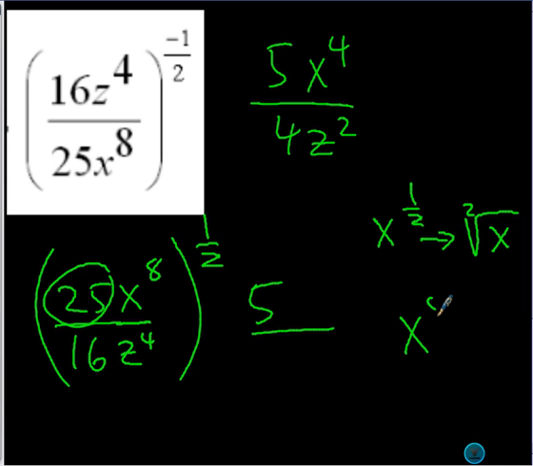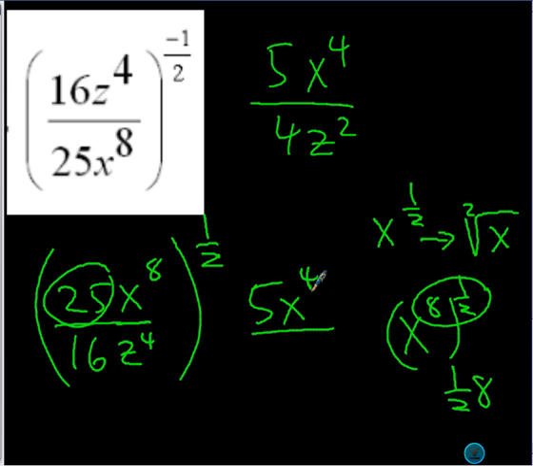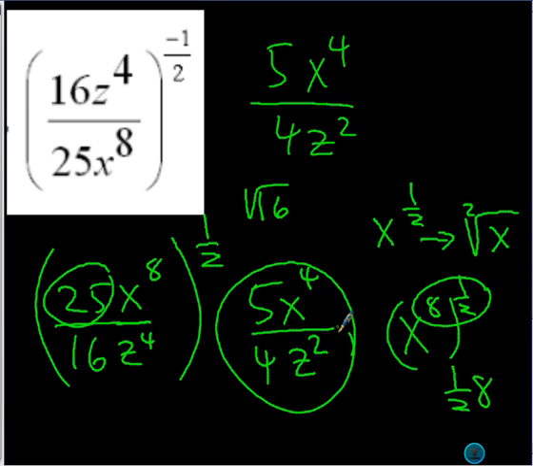It's x to the 8 to the 1/2, so I multiply 1/2 times 8. So that's x to the 4, and 1/2 times this 4 is going to be z squared, and the square root of 16, I hope you know, is 4. So that's how I ended up there.